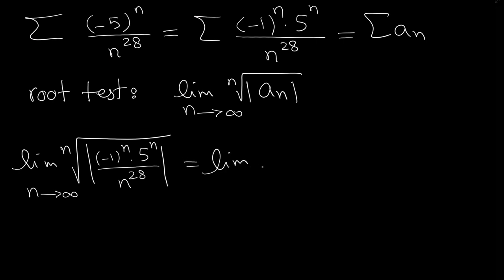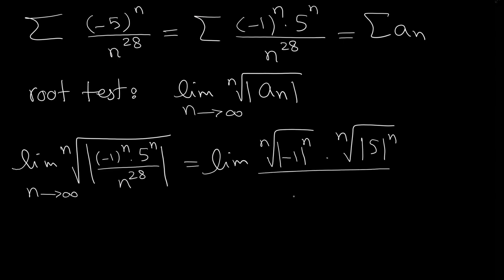So I can rewrite it as a limit of the nth root of the absolute value of (-1)^n, and also the nth root of the absolute value of 5^n, divided by the nth root of the absolute value of n^28, when n approaches infinity.